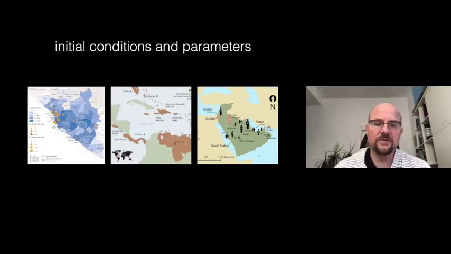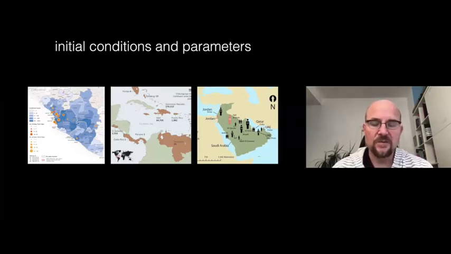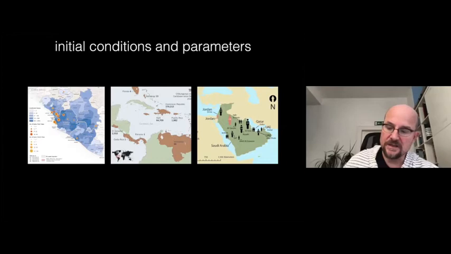And also, we don't know so much about the initial conditions in terms of where's the outbreak, how many people are there, etc., because it requires testing. So when we need these models most, that is during the initial outbreak, in order to make a forecast about what other countries are going to be affected, etc., we don't know much about the initial conditions and the parameters in the situations we need these models most.